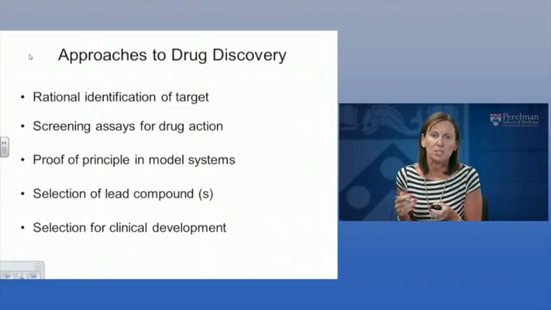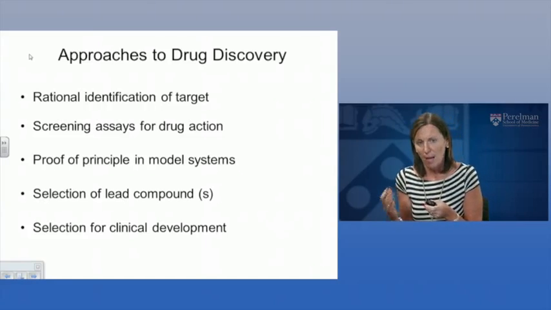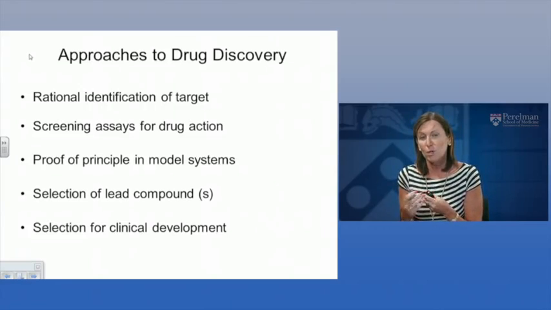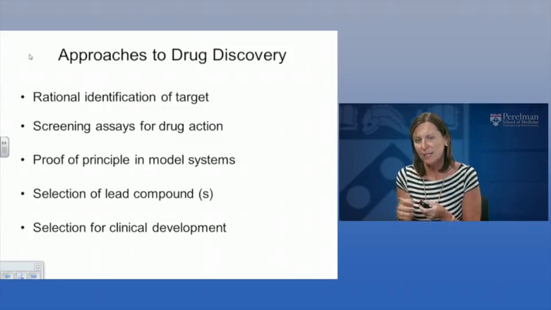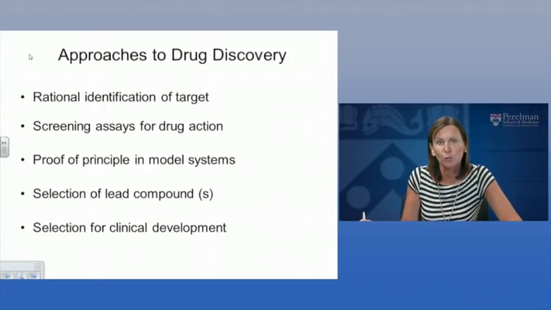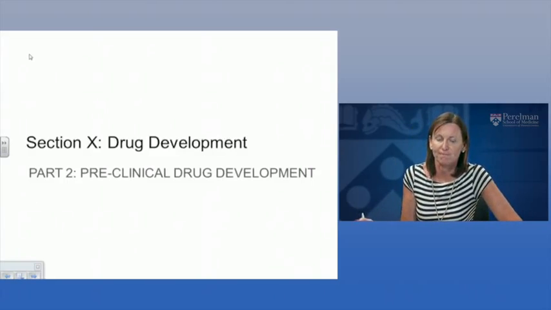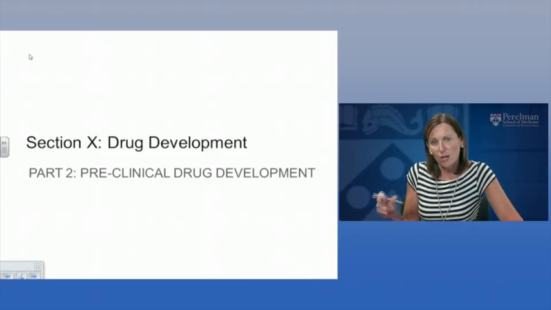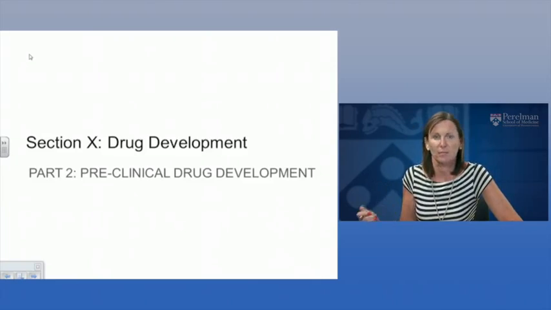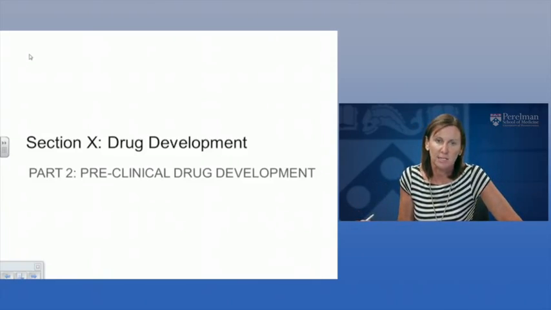And your ultimate goal is to be able to choose a molecule for future clinical development. And for most examples that I've given you previously, it is the selection of one molecule that goes into the human drug development stages.